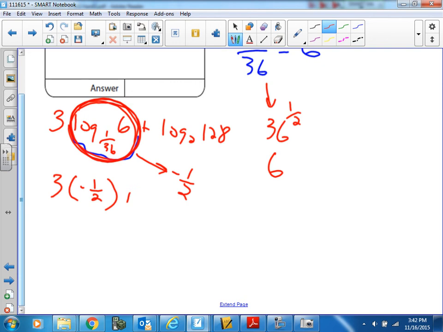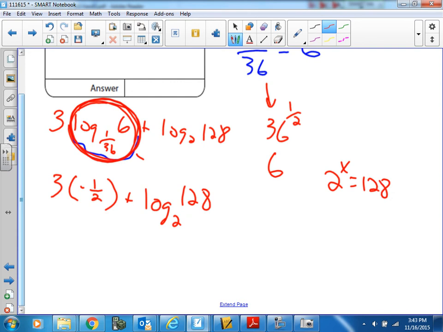And then plus log base 2 of 128. And the log base 2 of 128, think to yourself, 2 to the what? 2 to the x equals 128. Well, the only value that can be is 7. So when you evaluate log base 2 of 128, you get 7.